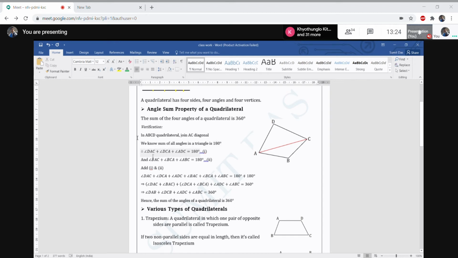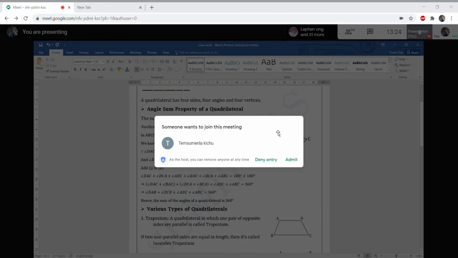Using this, DAC, this angle, plus DCA, this angle, plus ADC, this angle, equals 180 degrees. Am I clear?